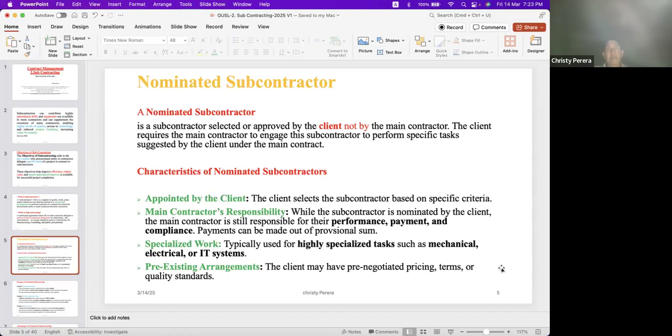I will negotiate with him. What is your price? And what are your terms and conditions? How are the quality standards? All these things I am discussing and negotiating with him, because the main part of the responsibility is with me, because I have introduced this subcontractor to the main contractor. Right. Is there any question?